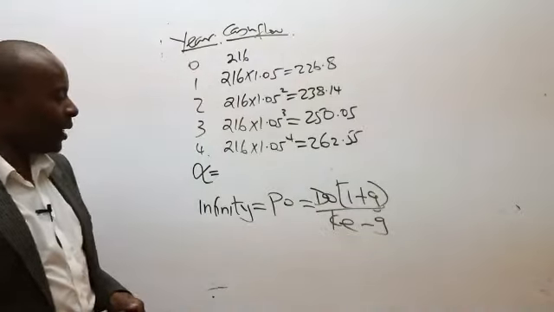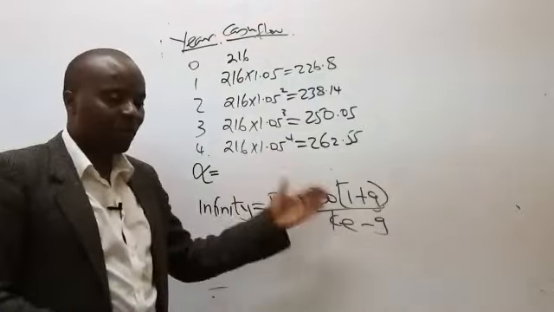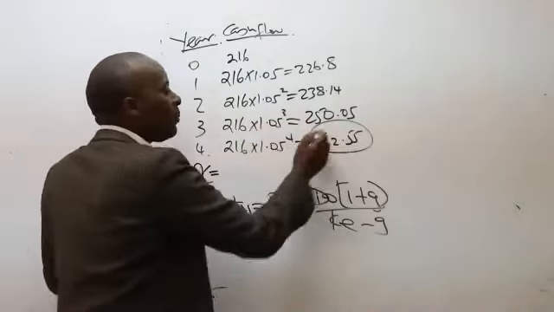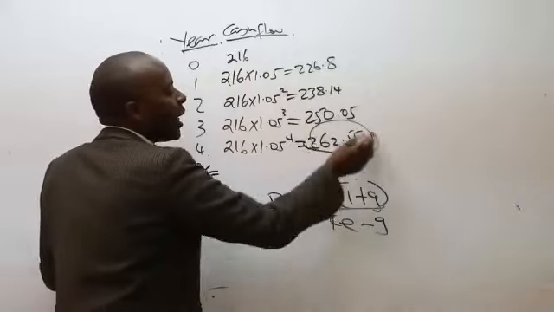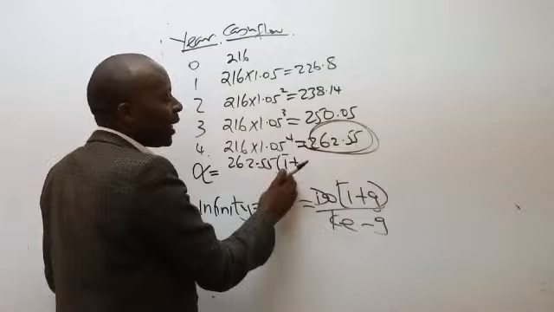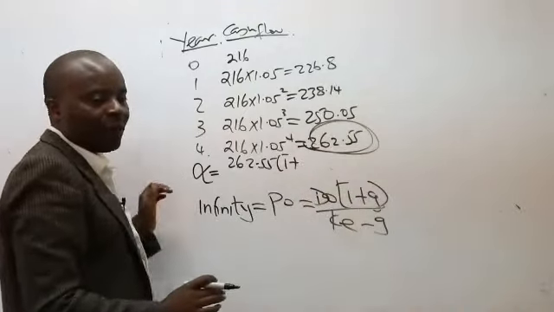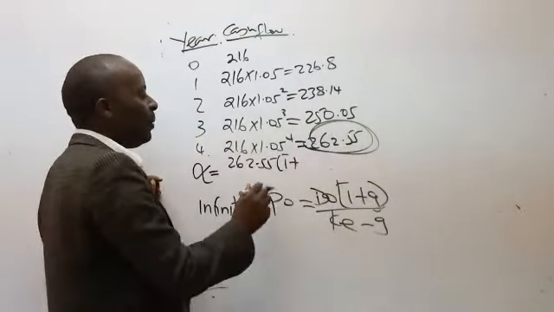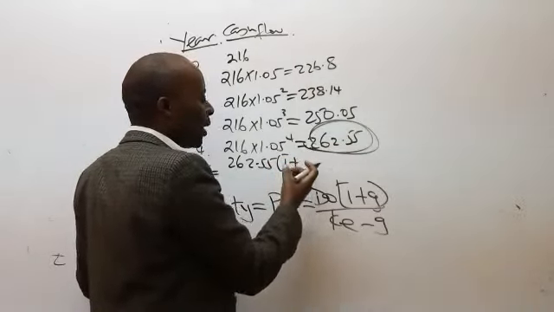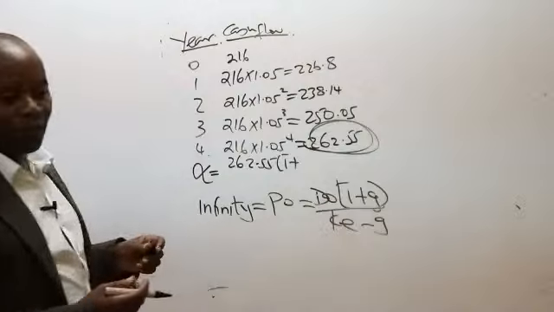So, ladies and gentlemen, remember when we talk of D0, this is the most current. The most current dividend, I can see it is this. Please never go back to this. The most current dividend is 262.55 into 1 plus the perpetual growth rate. The perpetual growth rate you said is how much?